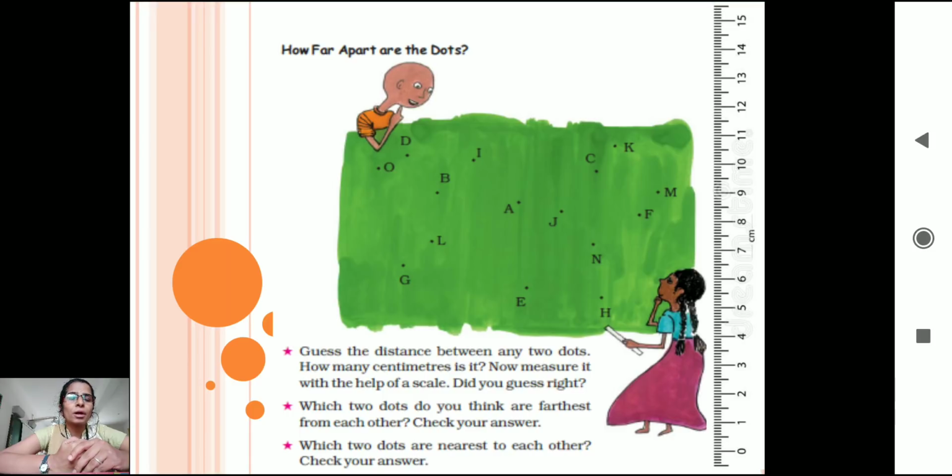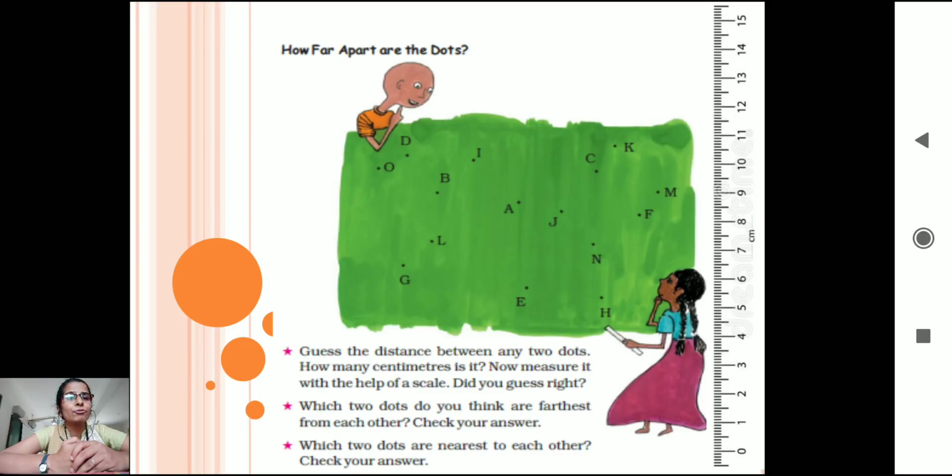Now here we are talking about the distance, that is, how far one dot is from another dot. When we say how far, we are calculating the distance, how far they are from each other. So when we say how far from each other, we are also saying that he is at a longer distance from me or he is at a longer distance from a particular alphabet.